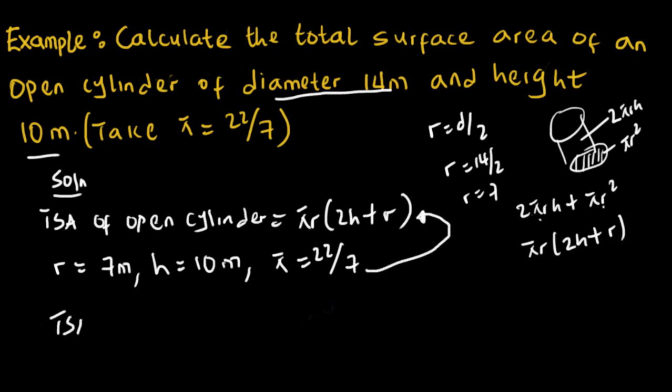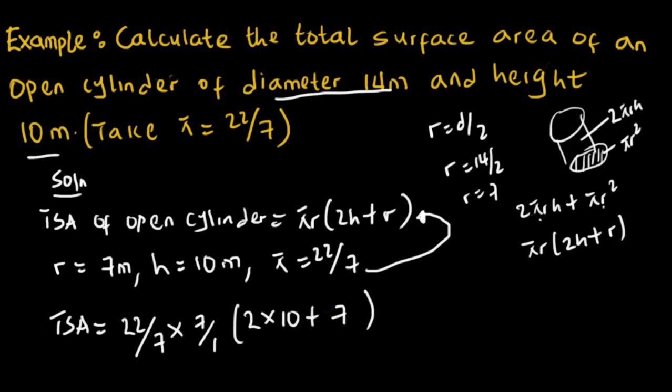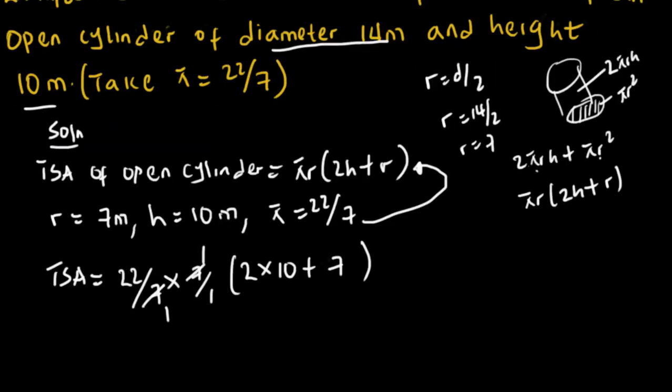Now we've got to slot this into the formula. So we have total surface area equals pi, which is 22/7, times radius, which is 7/1, into brackets 2 times height, which is 10, plus radius, which is 7. Does this make sense? 7 here 1, 7 here 1. We are left with 22.